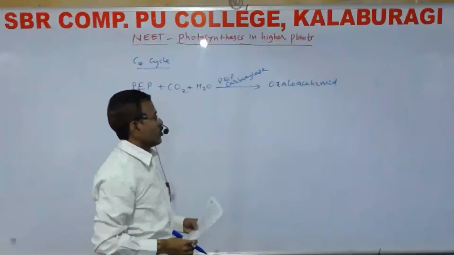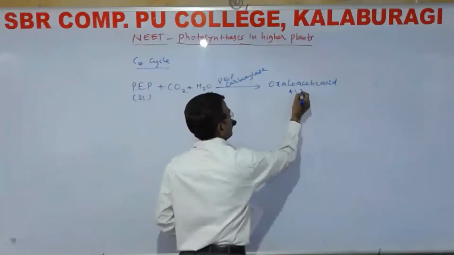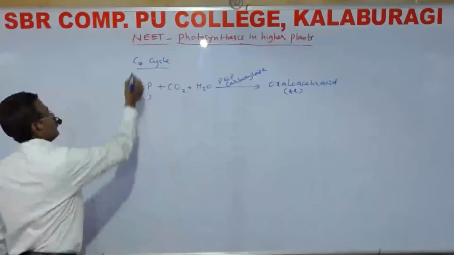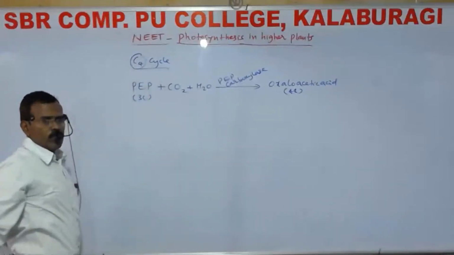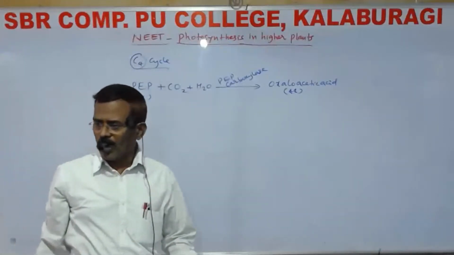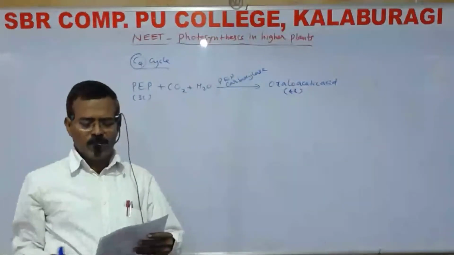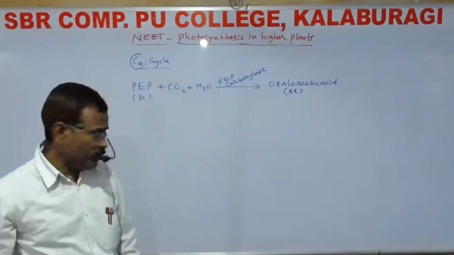This is a 4-carbon compound, the first stable compound. That's why this cycle is known as the C4 cycle or C4 pathway. So conversion of pyruvate into phosphoenol pyruvate takes place in.